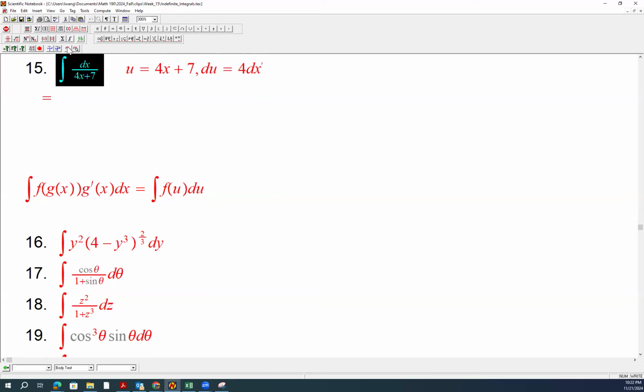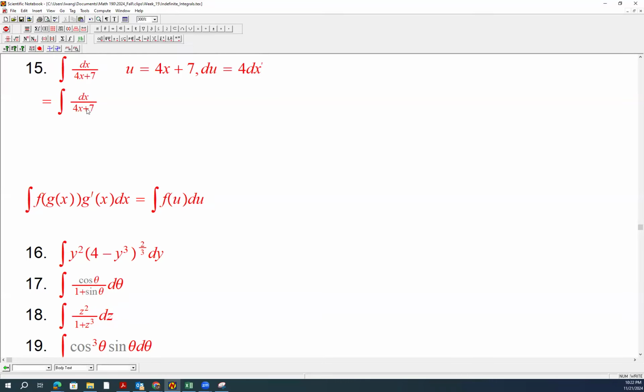Okay, so we got this piece substituted. This is u. dx is a quarter of du, so dx will be replaced by a quarter of du, from this relationship.